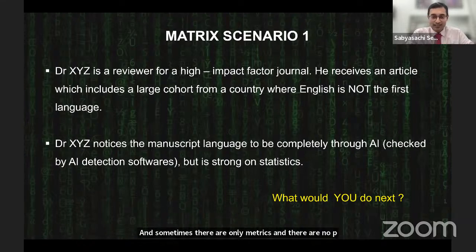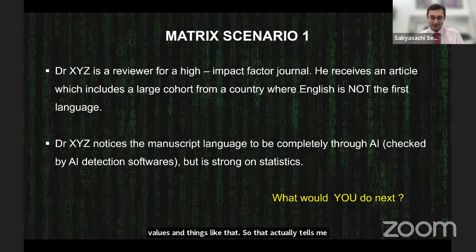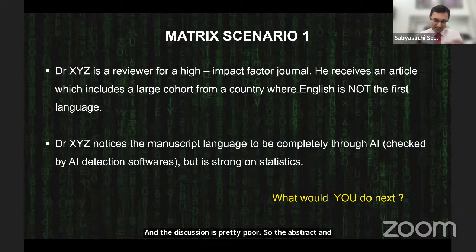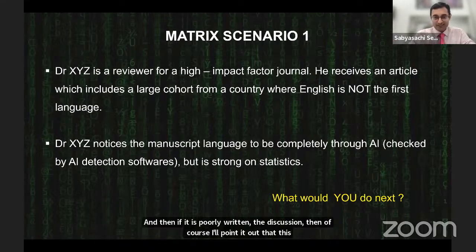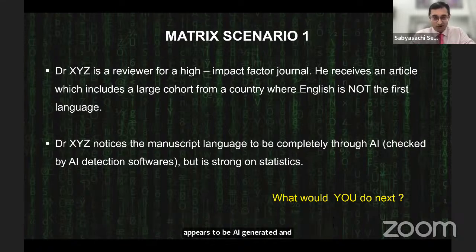So that tells me that the initial part, which is impressive, and the English bit is entirely driven by AI and not by the authors themselves, and the discussion is pretty poor. So the abstract and the discussion will differentiate this gray zone for me. And then, if the discussion is poorly written, of course I'll point out that this appears to be AI generated, and though the statistics are strong, it's not good enough.